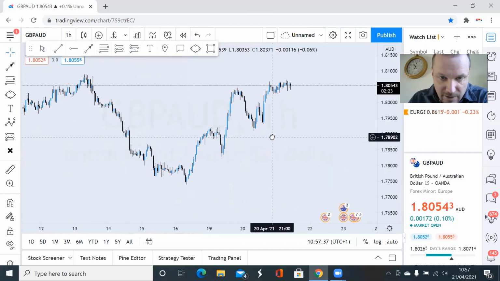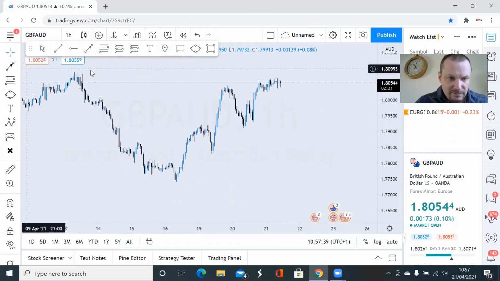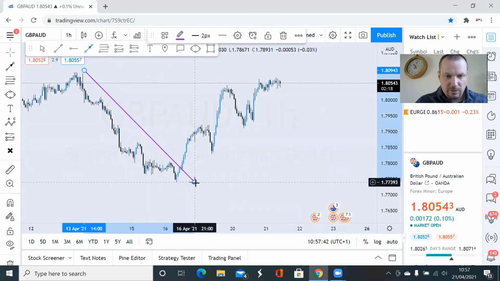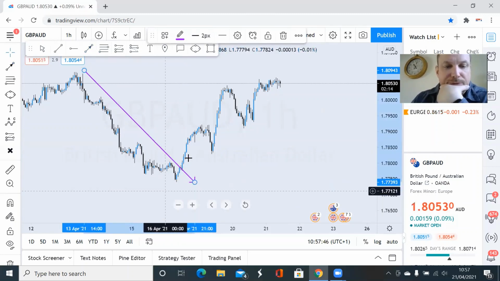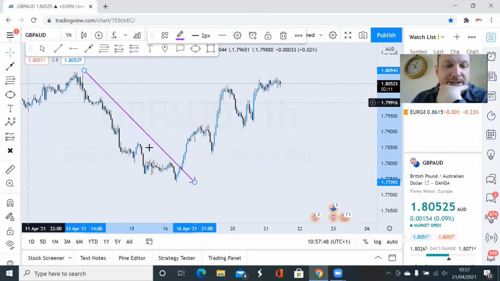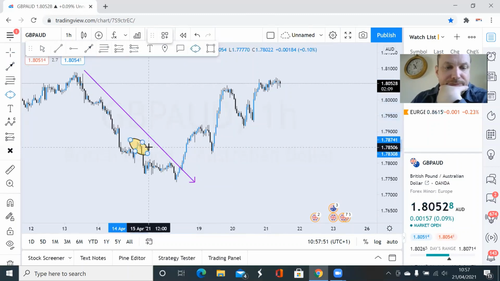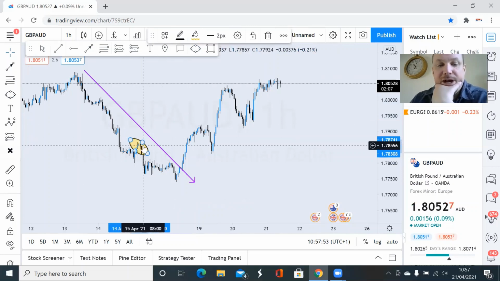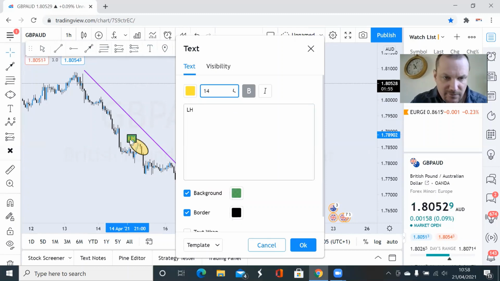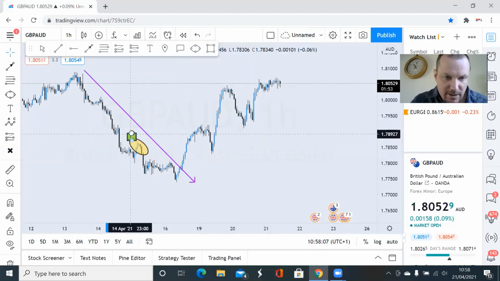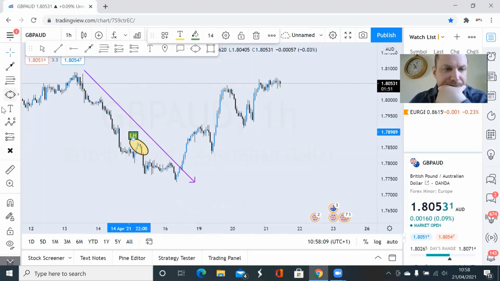So what we have, guys, as you can see, we've come down. Now, as we've come down, we've broken structure. We've come out of here. You can see clearly this was a lower high, okay? We've got on here a lower high.